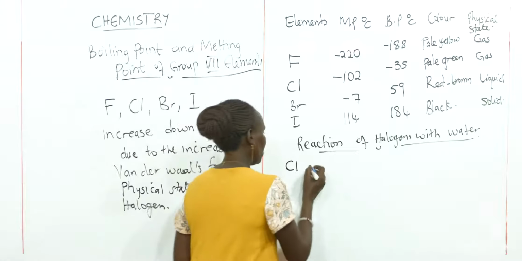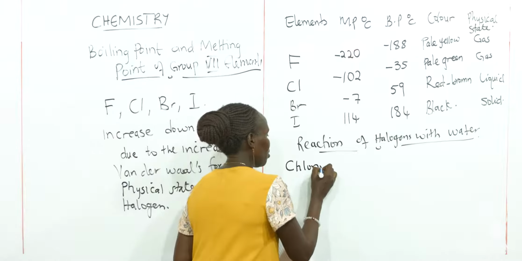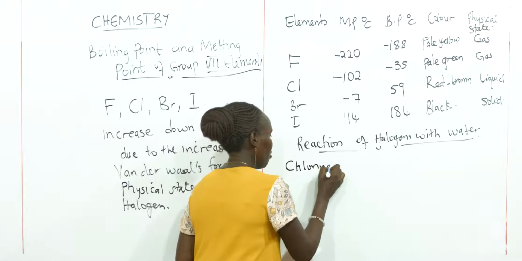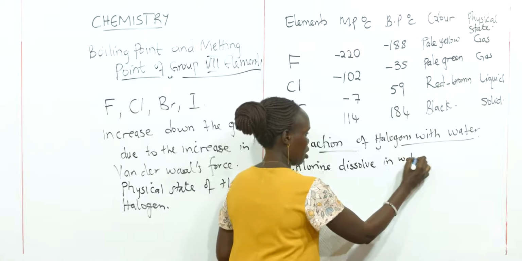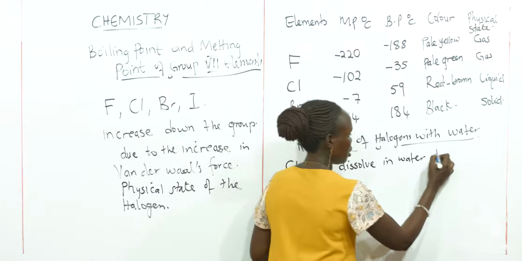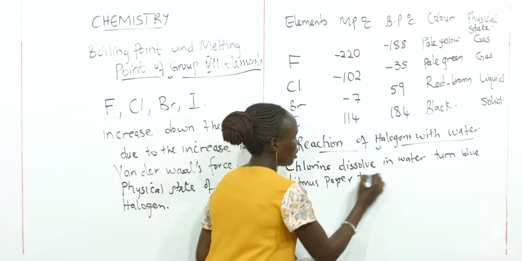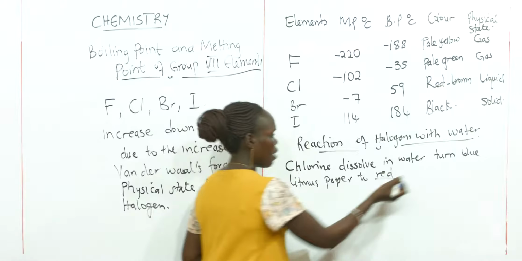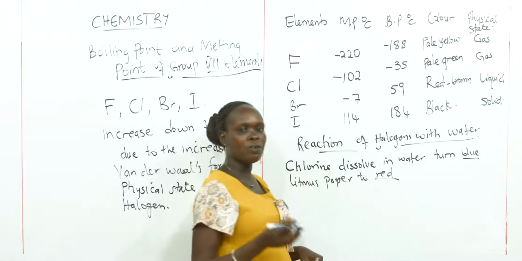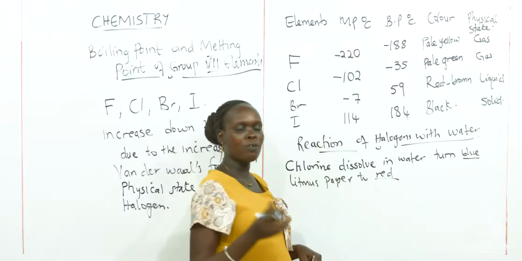Chlorine, when dissolved in water, will turn blue litmus paper to red. So learners, if blue litmus paper turns from blue to red, it means there is an acidic solution.